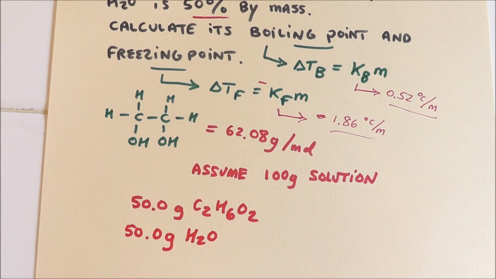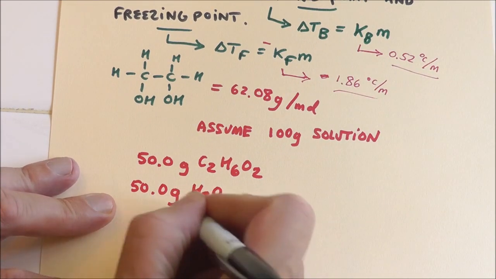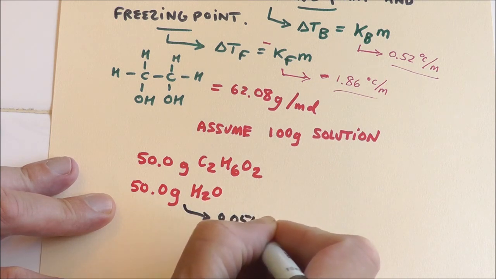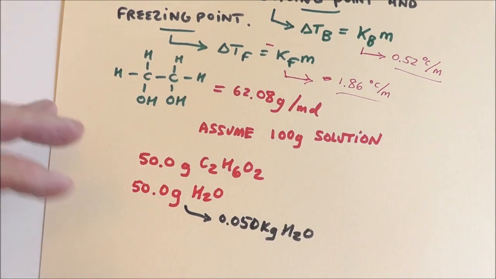And so I'm just 2 steps away from finding out how many moles per kilogram. You know what? I'm going to go ahead and pluck the low-hanging fruit. I got 0.05 kilograms. That's the denominator of molality.